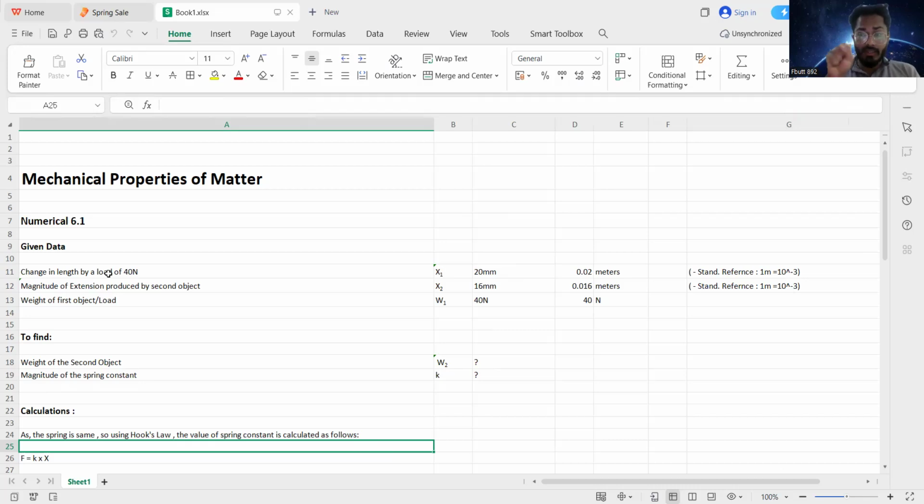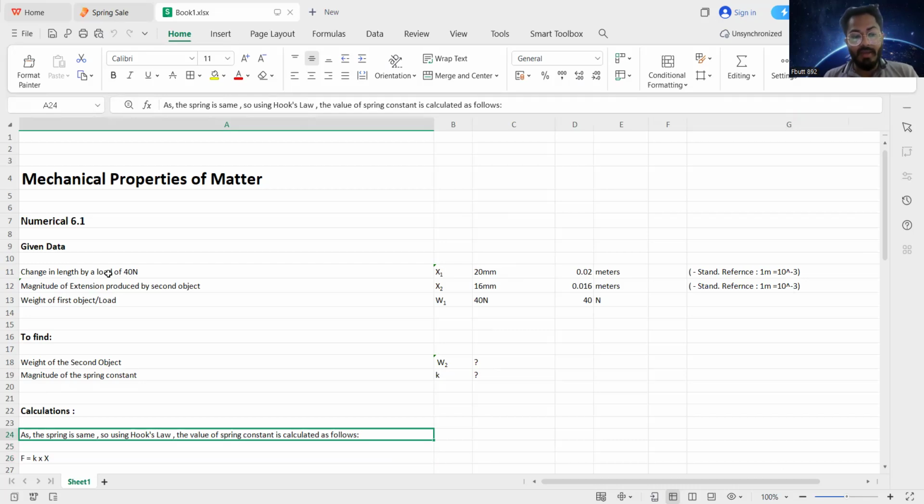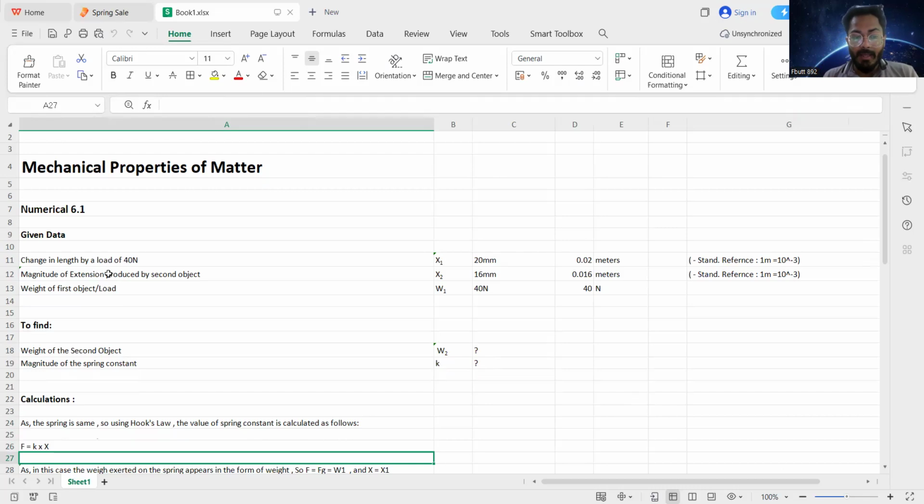First one, there is a spring, a load is hung on the second terminal end of the spring, and its weight is approximately 40 Newton. So the gravitational pull, which is acting downwards, behaves as a deforming force of approximately 40 Newton, and the change in length is approximately 20 millimeter, which in meters is equivalent to 0.02. So as the spring is the same, using Hooke's law, the value of spring constant is calculated as follows.